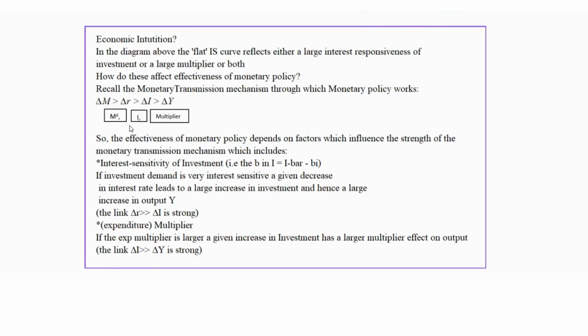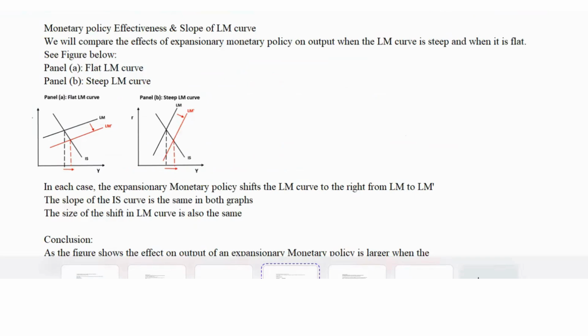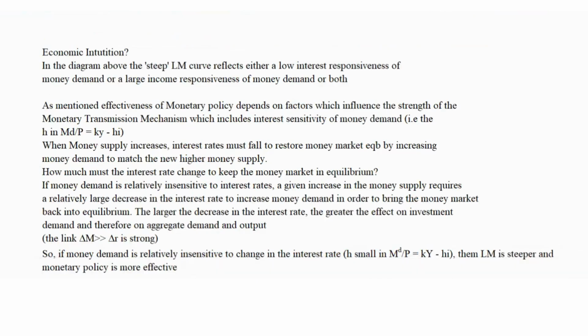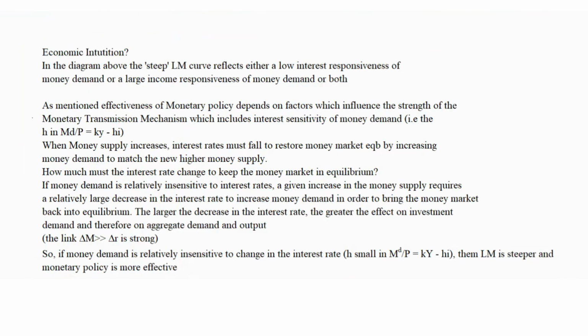It is one of those factors that influence the strength of the monetary transmission mechanism through this link between change in M and change in R. So, effectiveness of monetary policy depends upon factors which influence the strength of the monetary transmission mechanism, which includes the interest sensitivity of money demand, which is responsible for the steep LM curve. Because we know when money supply increases, the interest rate must fall to restore money market equilibrium, because then the fall in interest rate would increase money demand to match the new higher money supply.